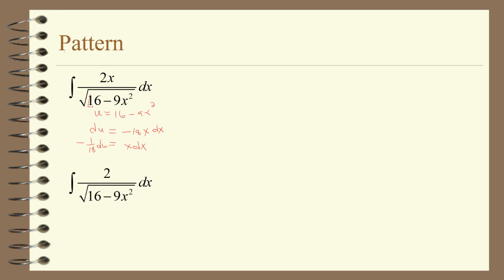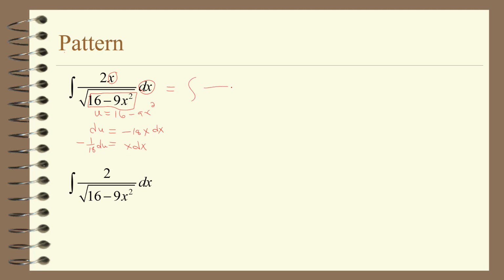So the expression inside the root, that's the u, because it was the square root of something. And the x dx, that product, also has something for it. So everything that has an x is inside either a circle or a box. This then becomes the integral.